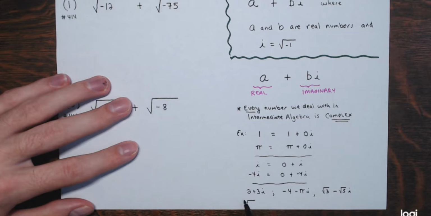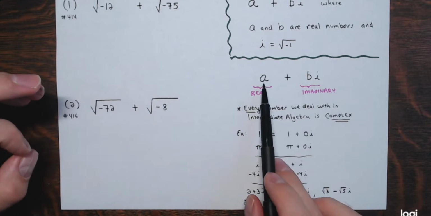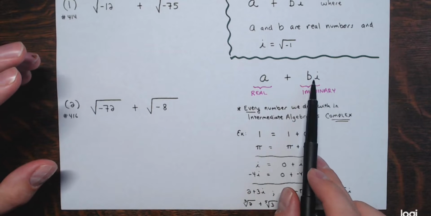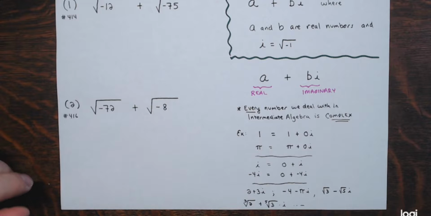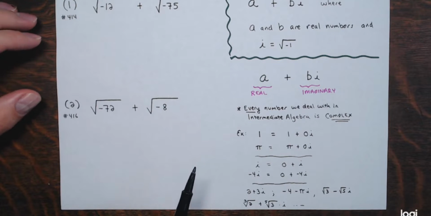The cube root of 2 plus the fifth root of 3 times i, that's a complex number. I could do this all day long. As long as I fill in a and b with real numbers, we have what's called a complex number, and everything is a complex number. Everything can be written in this form.